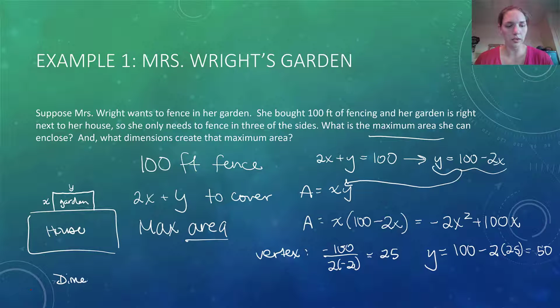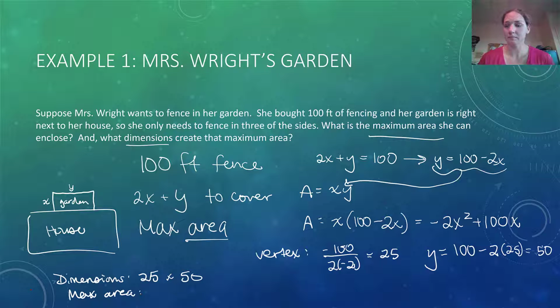So the dimensions would be 25 by 50. So that's the dimensions. The max area is going to be 25 times 50, 1,250 square feet. So there we go.